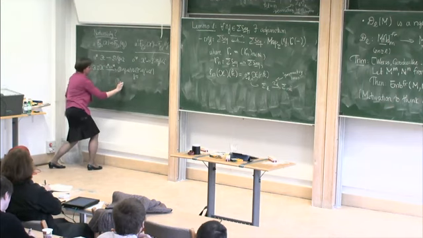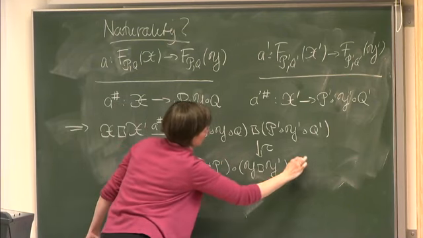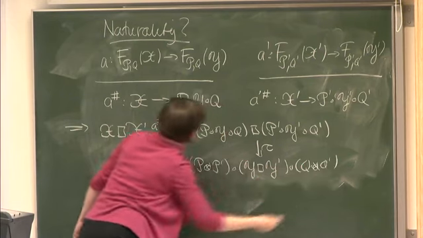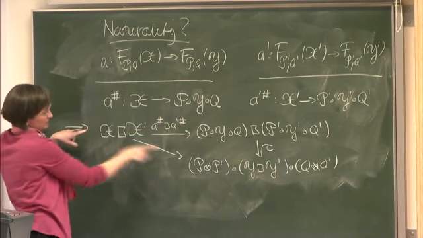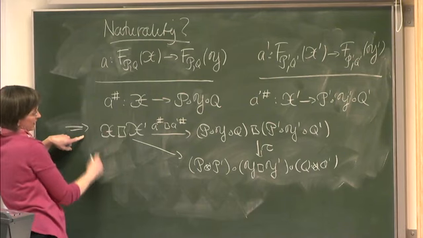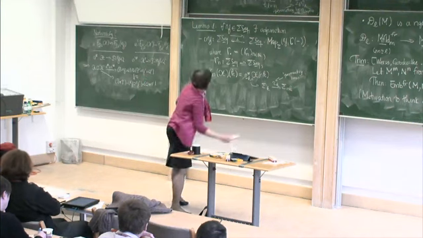P tensor P prime, Q tensor Q prime. So this is a morphism of symmetric sequences, and then we can apply the adjunction again, and that gives us, I'll put it over here, the morphism of bimodules that we wanted.